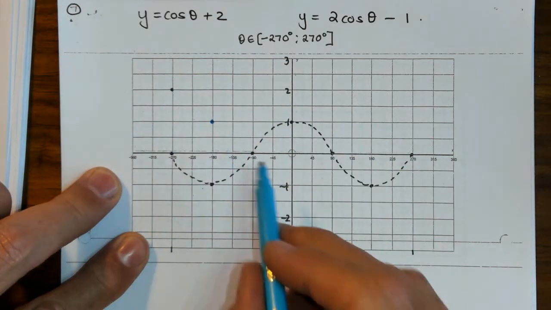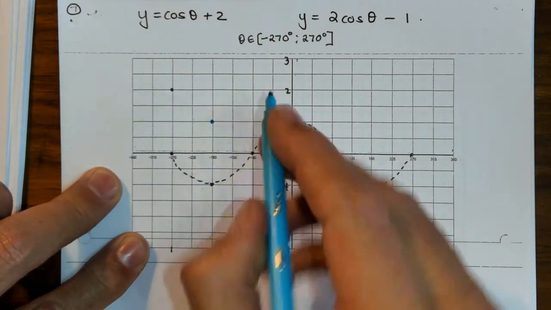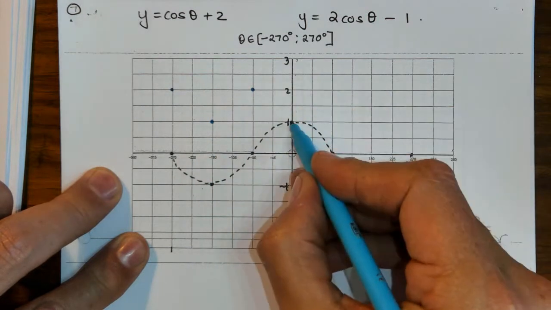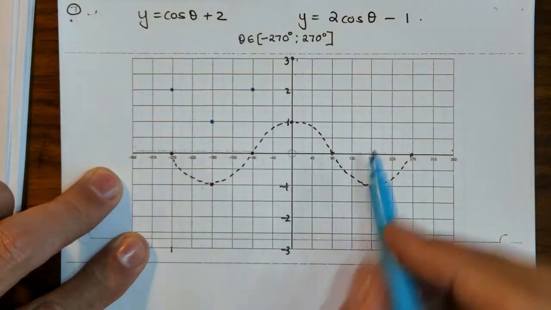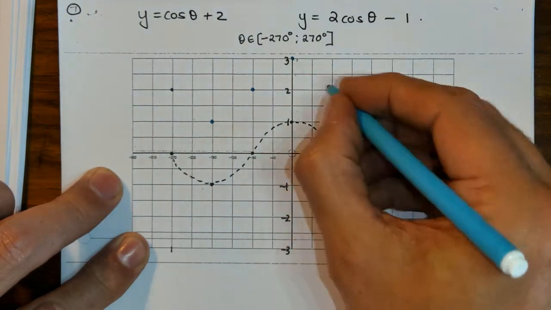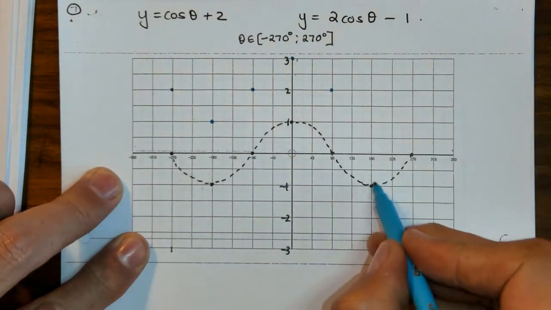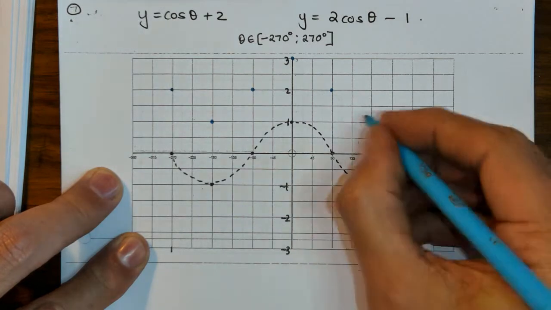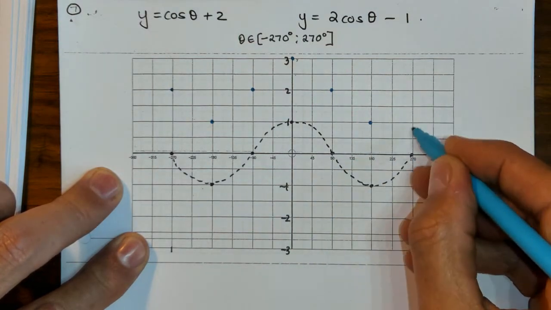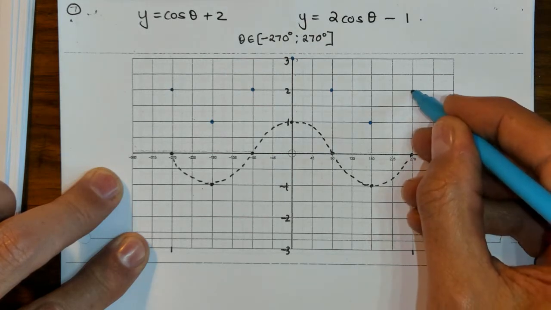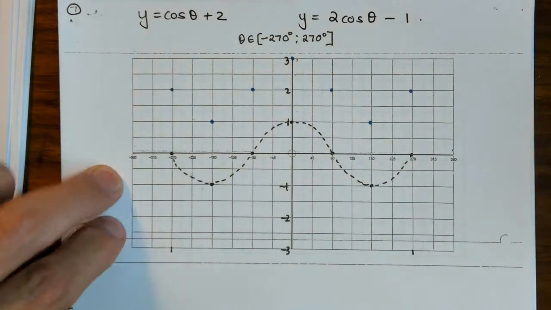Here it's 0, so it goes up 2. Here it is 1, so it goes up 2 to peak at 3. This is at 0, we add 2. Minus 1 plus 2 brings us to that point, and then this one we add 2, and we are finished at that point.